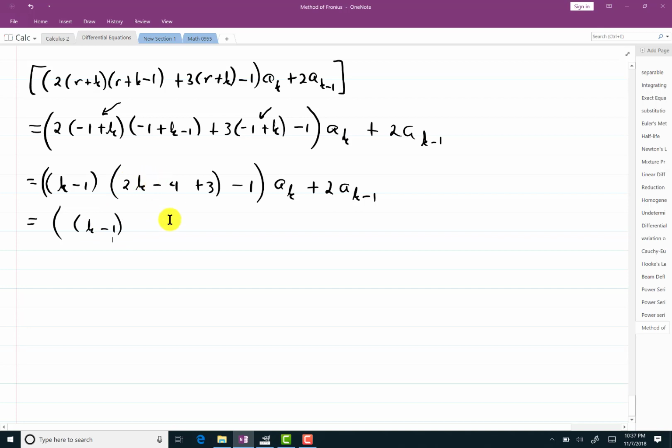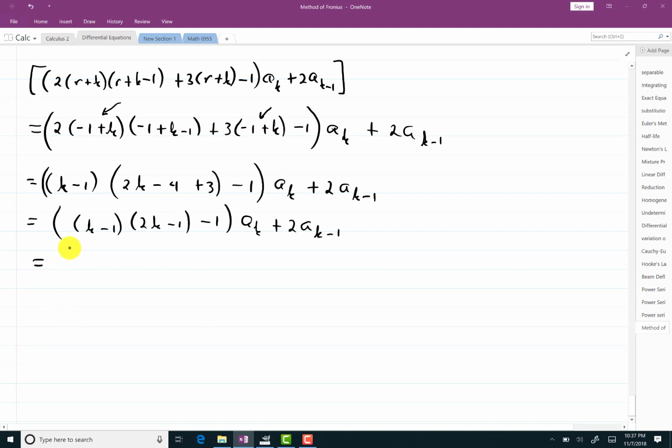So we have 2k minus 1. Once again, a little rejoicing occurs here because I've noticed that whenever I get done multiplying this out, the ones are going to cancel out.